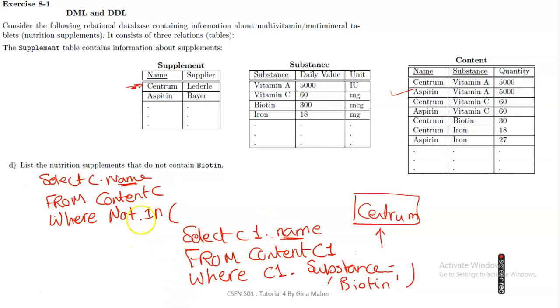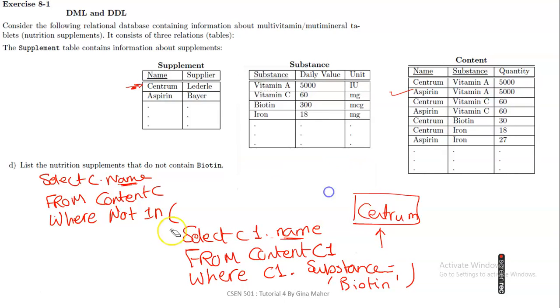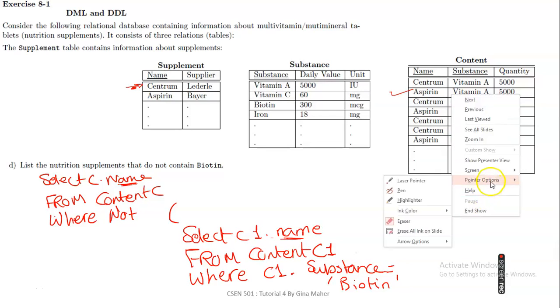Okay, what if we want to use NOT EXISTS? How to use it? We should relate these two queries. In other words, the query here returns true or false, which means that in this case, we want to check if the whole query returns true or false.